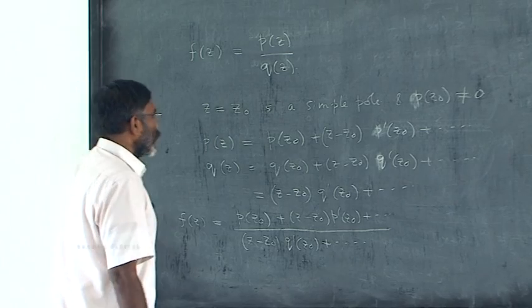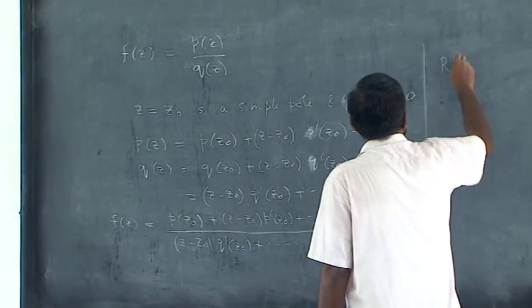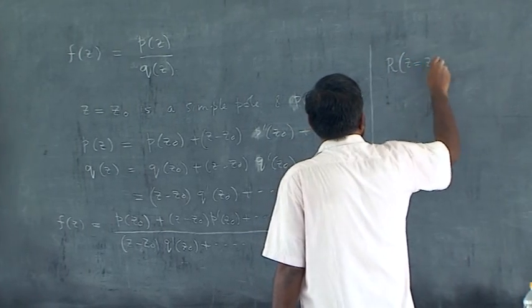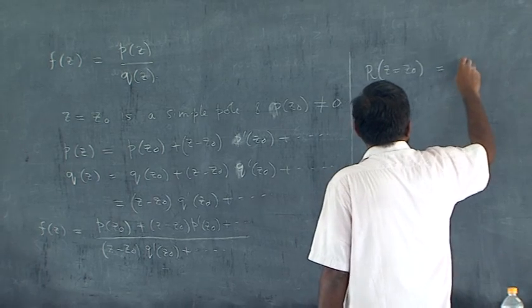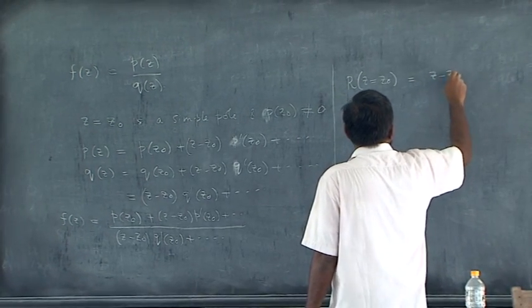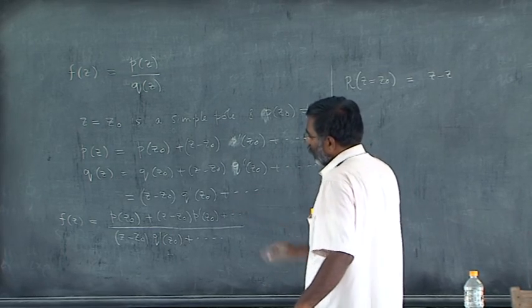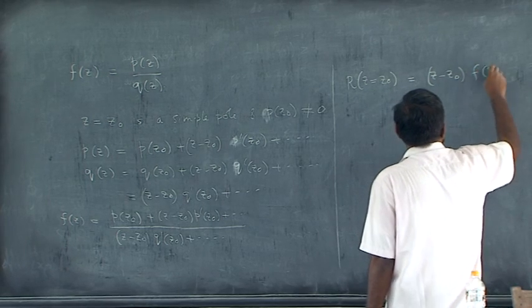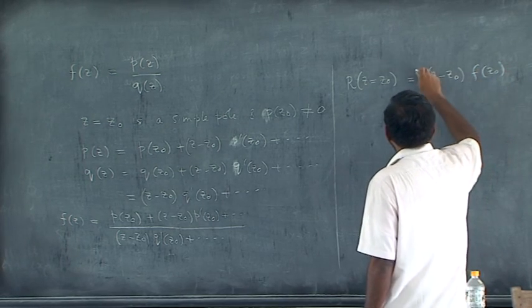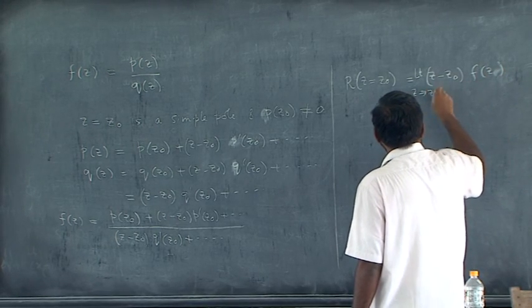Now, if I want to find out the residue of f of z at z naught, then I will write this as z minus z naught into f of z, in the limit z tending to z naught.